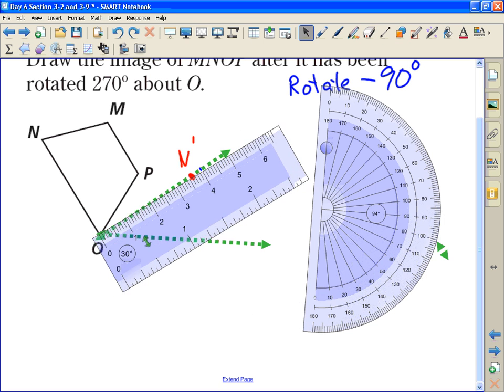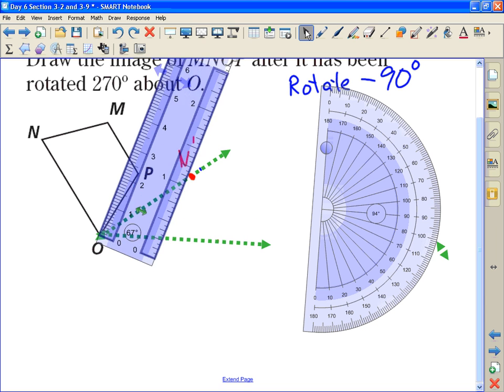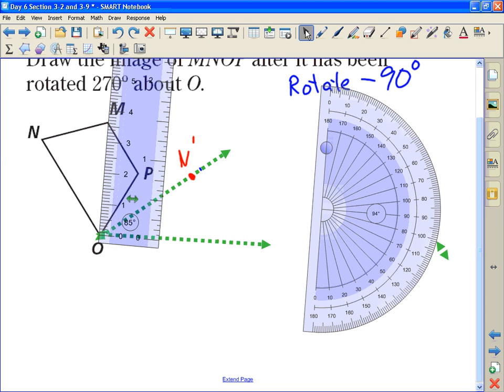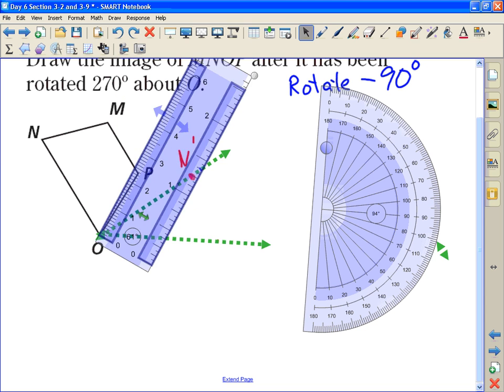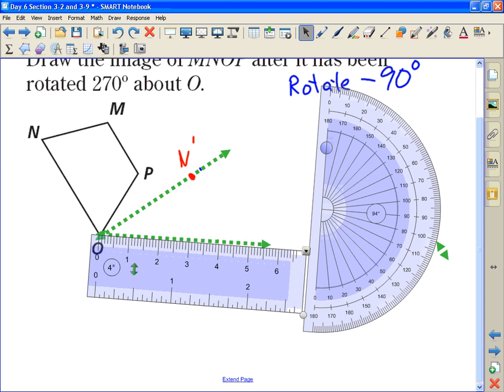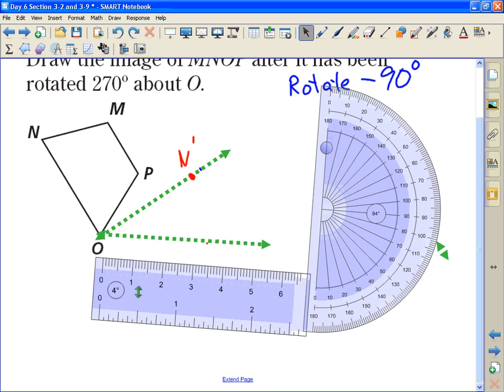What I need to do is determine how far away it's going to be. So I'm going to measure how far M is away from point O. I have 3.6 centimeters. So I'm going to find the point that's 3.6 centimeters. Make a little dot there. Slide my ruler away, make it a little bigger. There is my point M primed.